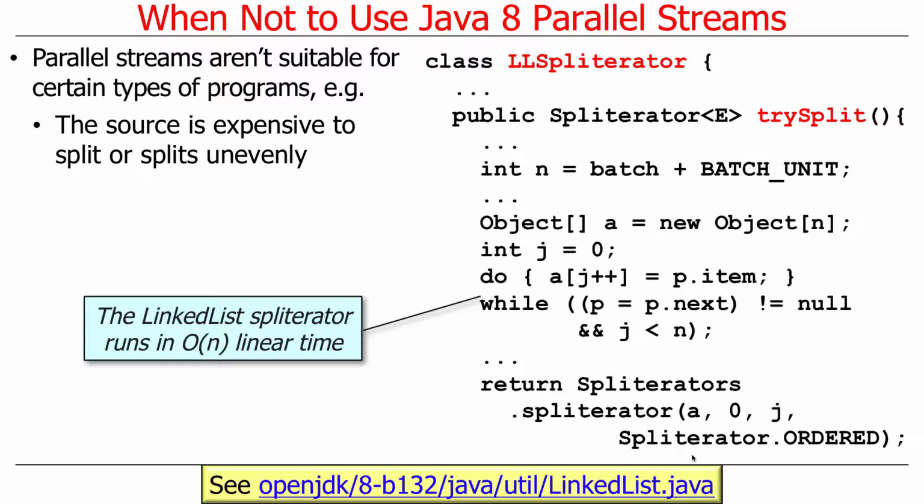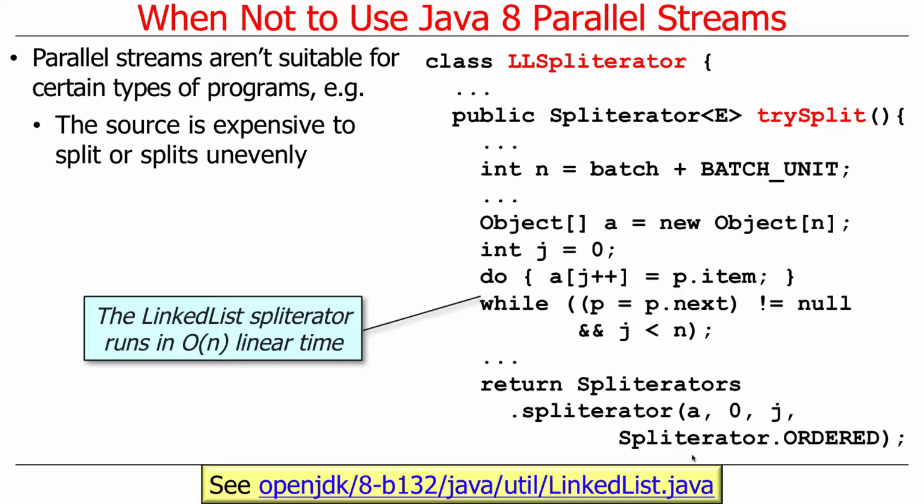It starts with a certain value and keeps growing each time. So it makes this array, copies the elements into it, and then says, take that chunk and turn it into a splitterator, please, by calling a library routine, Splitterators.splitterator. Splitterators is a static utility class in Java with the splitterator method, and it splits things up into these little chunks. But you end up creating a lot of these.